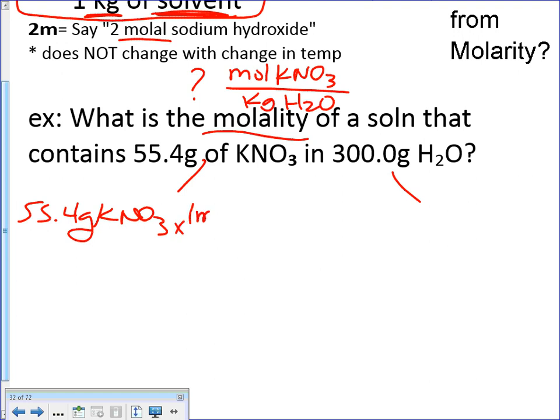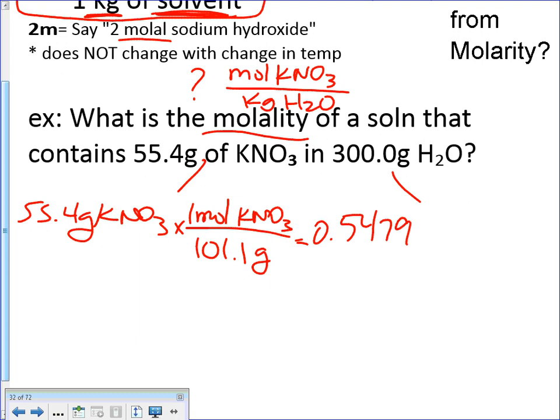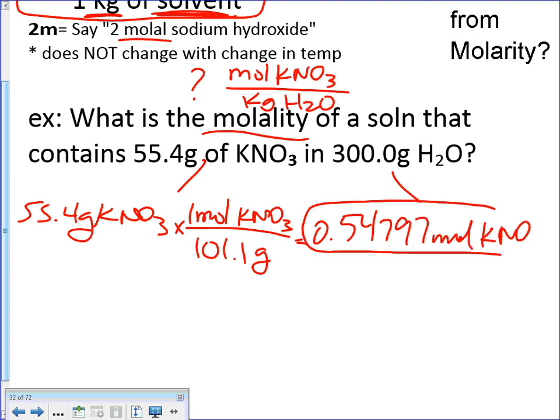So 1 mole of potassium nitrate is, what did you guys get? 101.1 grams, okay? And what is that? 0.54797 moles. Okay? So there's our moles of KNO3.